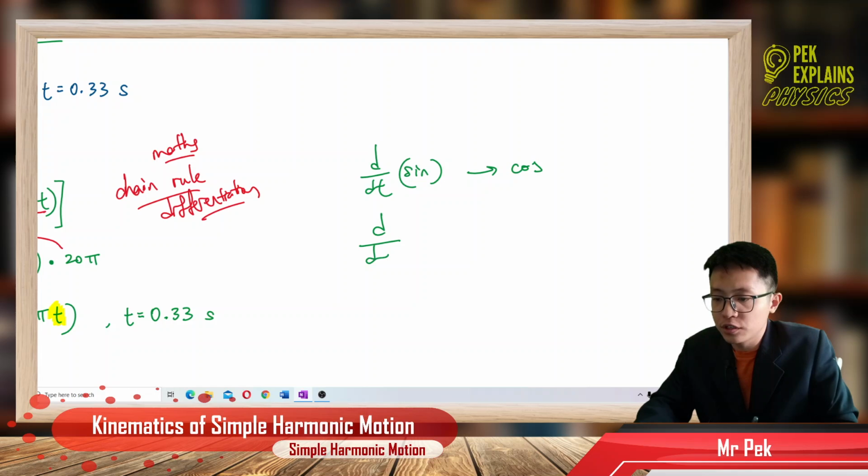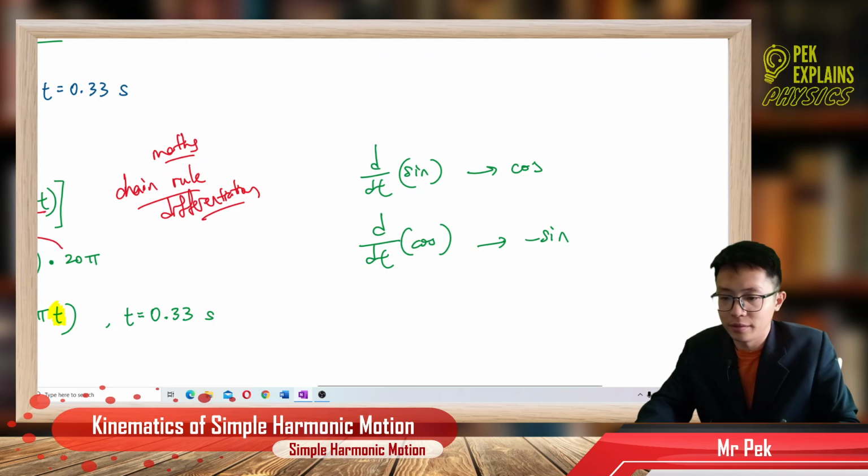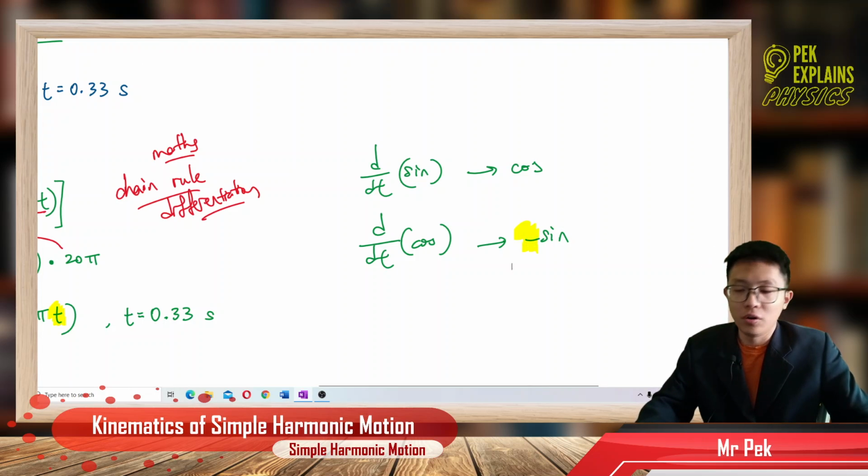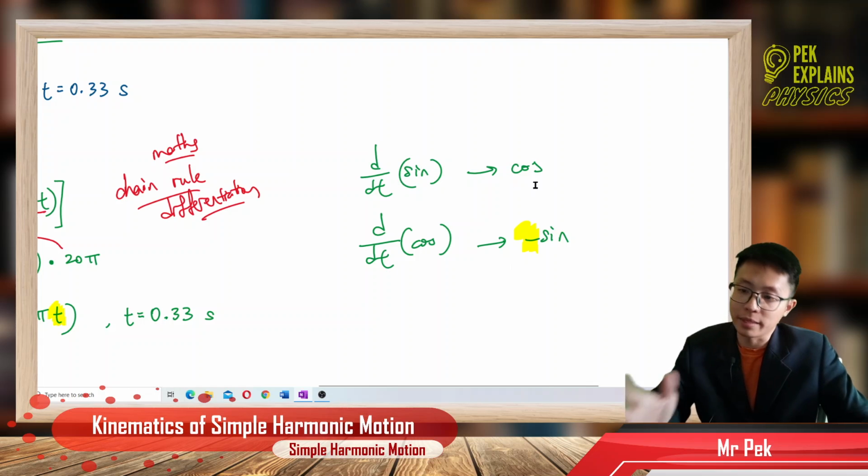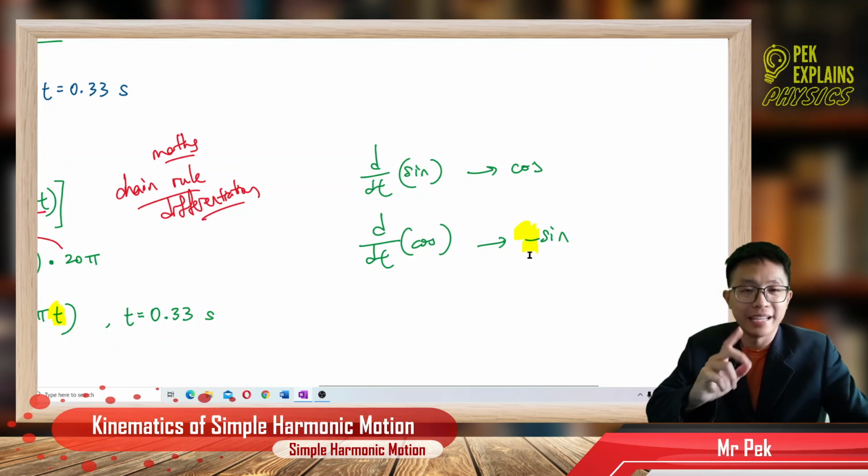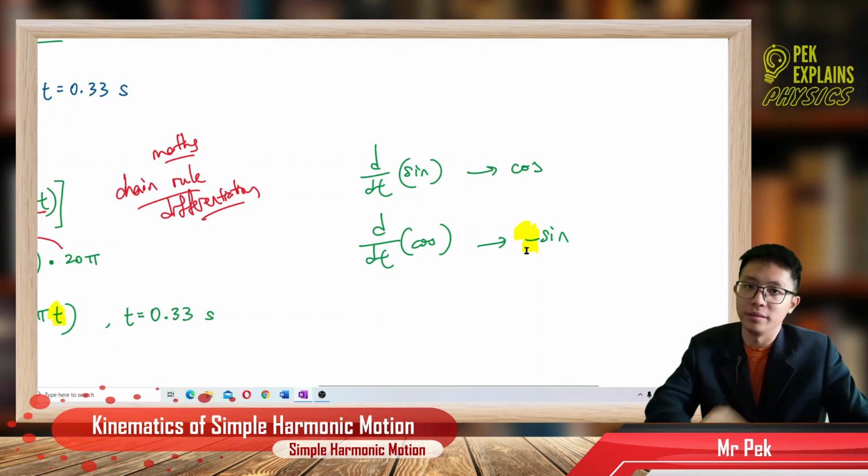But if I differentiate the cos, I will get negative sine. This is very important. Only when you differentiate cos do you get a negative. When you differentiate sine, no negative. From sine become cos, from cos become sine, but from cos to sine there is a negative. Remember, very important.